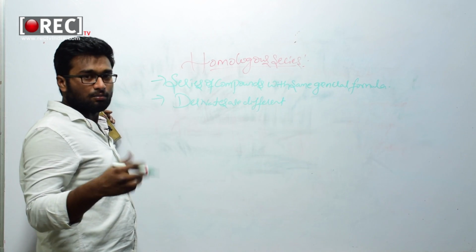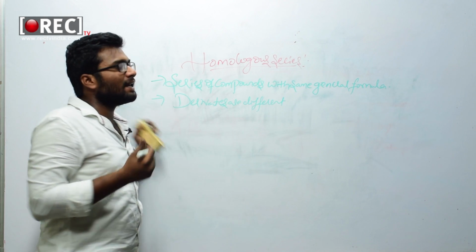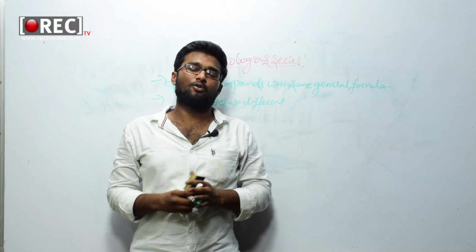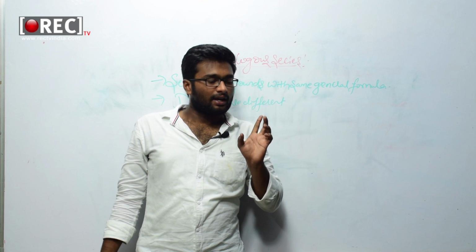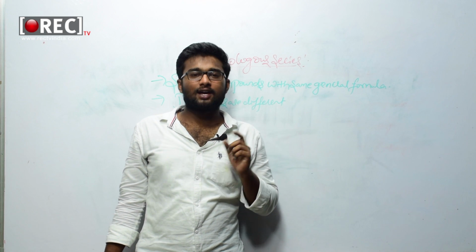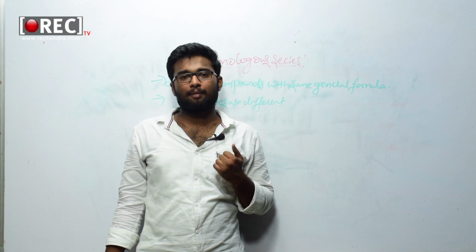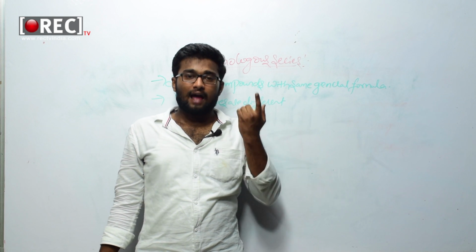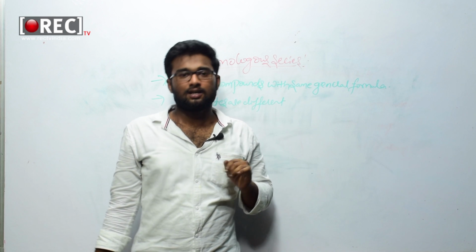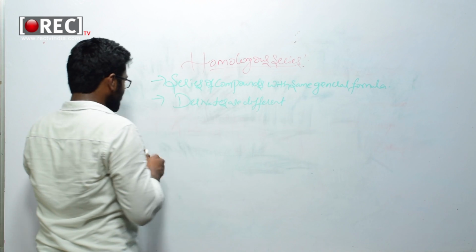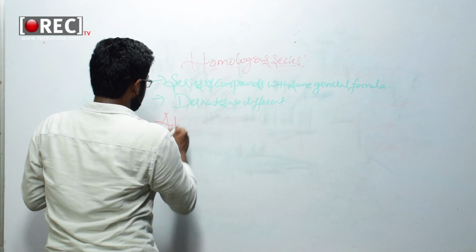Let me explain with more clarity. Let me take an example of saturated compounds, alkanes. Alkanes are saturated compounds. It means in alkanes, carbon is linked via single bonds, which is sp3 hybridized, and the suffix of alkanes will be ane, which we have discussed in the previous class.